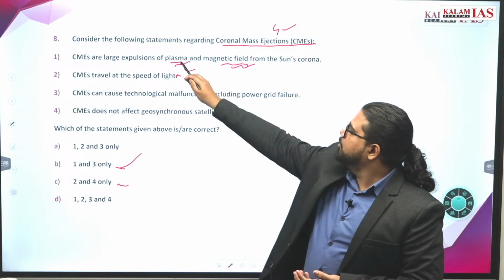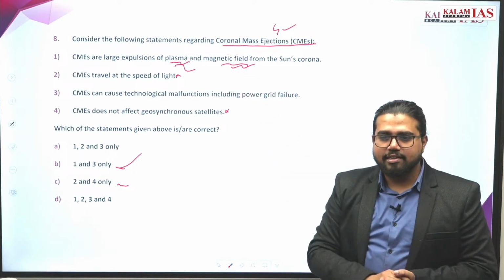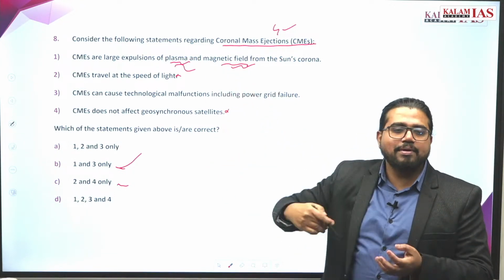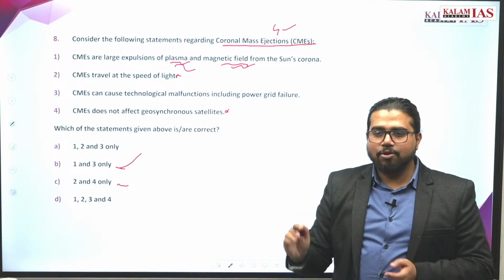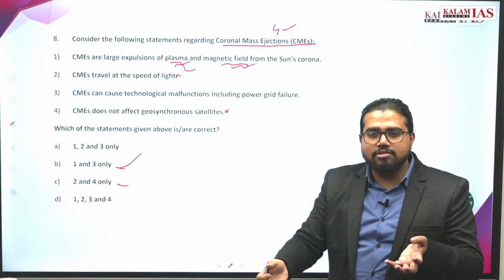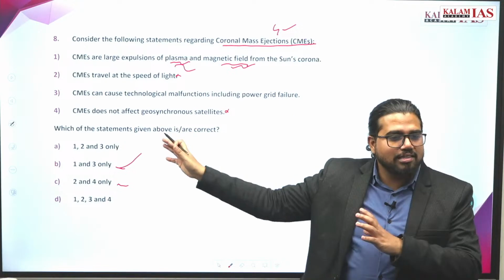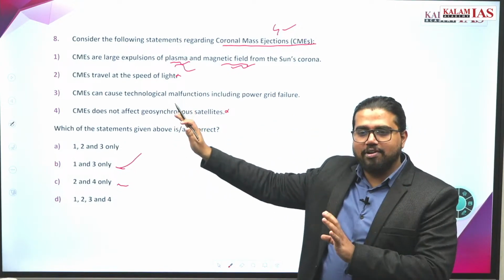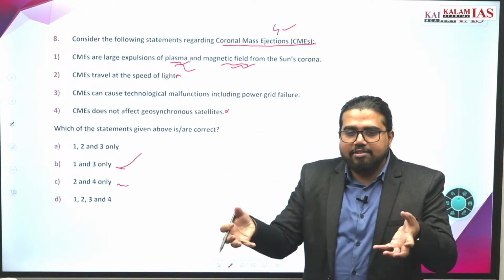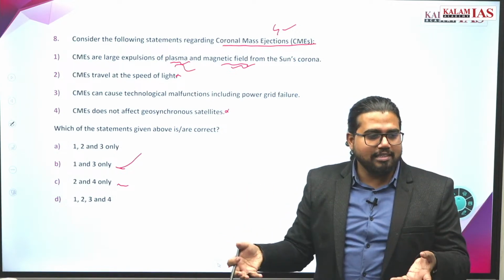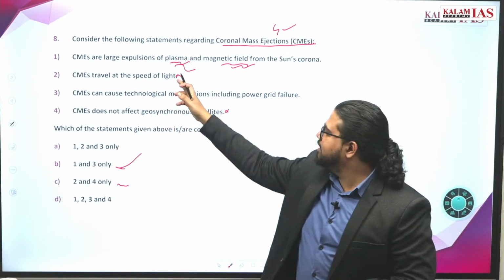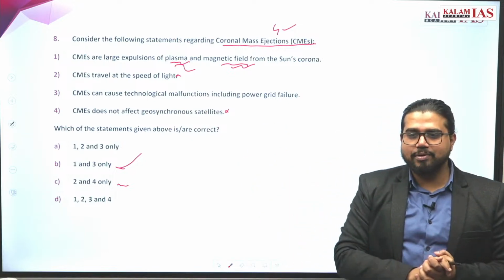See, we have talked about two things, plasma and magnetic field. A magnetic field may travel at the speed of light. Only the magnetic field I am saying, or radio waves, or some kind of electromagnetic things, can travel at the speed of light. But plasma has mass, it is a solid thing. Whatever speed it goes, it's very difficult to go at the speed of light.